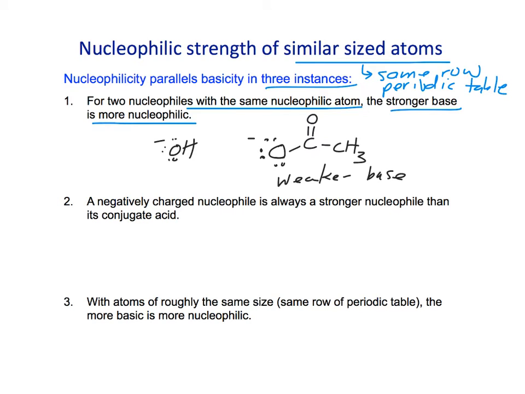Water, which is the conjugate acid of hydroxide, is a weaker acid, so hydroxide is the stronger base. So hydroxide here is also the stronger nucleophile.